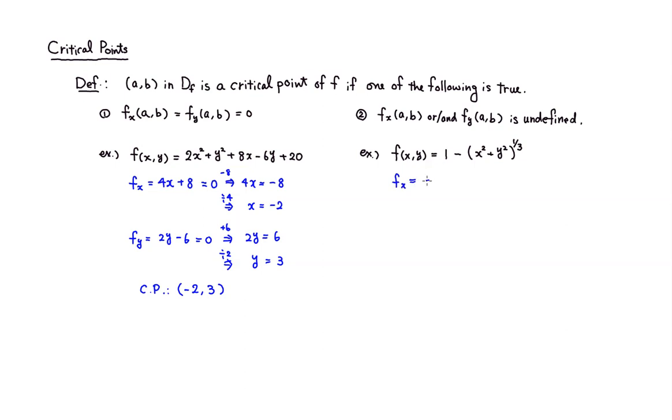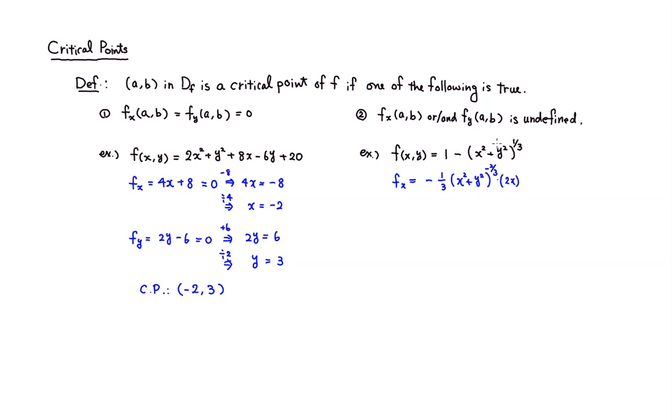There's a negative sign, so you put the 1/3 in front and keep the inside as it is. I'm just doing the chain rule and subtract 1, so it's a negative 2/3 power. Then the chain rule multiplies by the partial of the inside with respect to x, which is 2x.